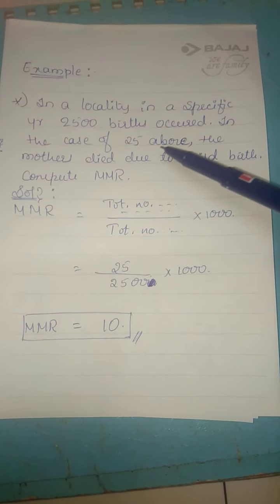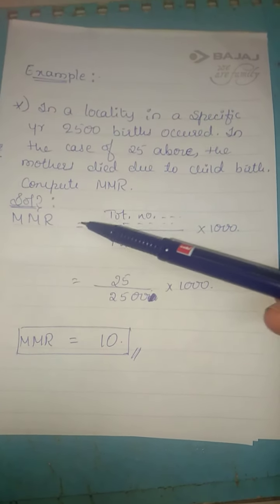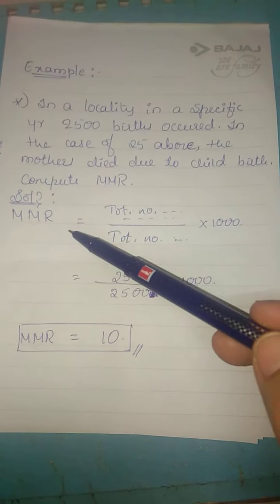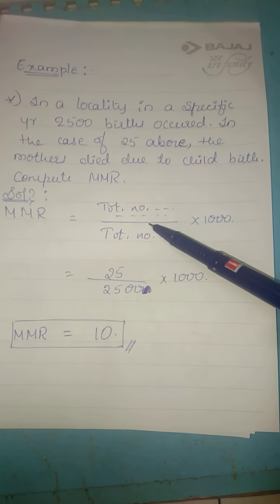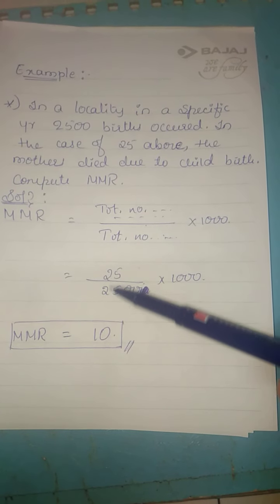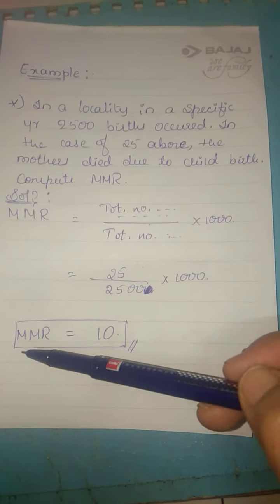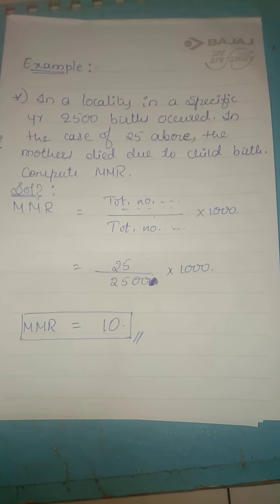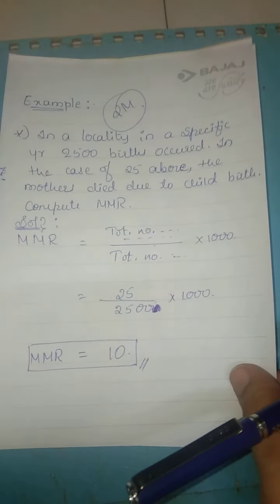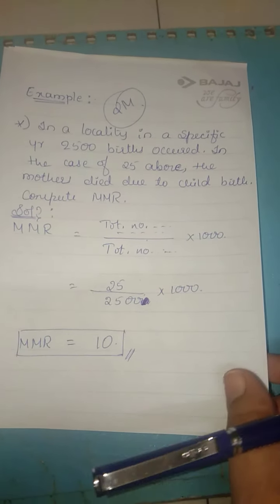In 25 cases, the mothers died due to childbirth. Compute MMR. Write the formula, which carries 1 mark. Substitute and simplify, and you'll get 10. MMR is equal to 10. Again a 2 marks problem. I have given you an example as homework.